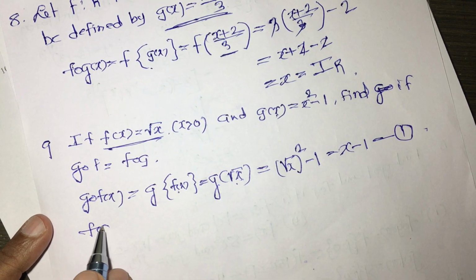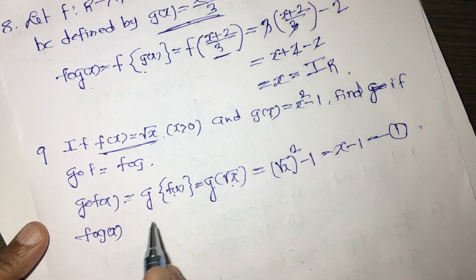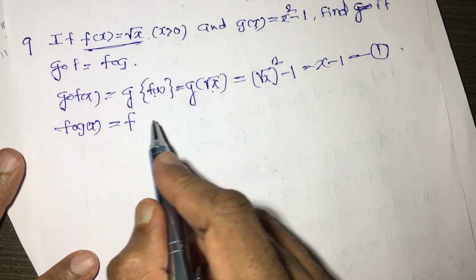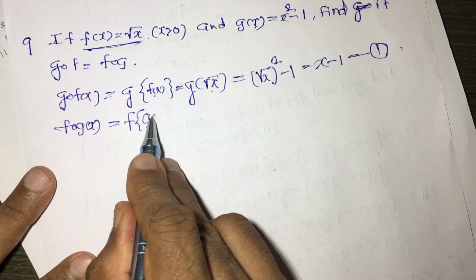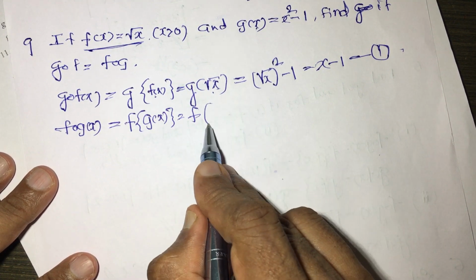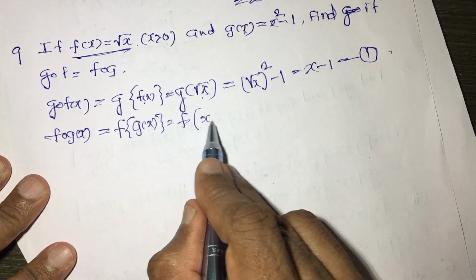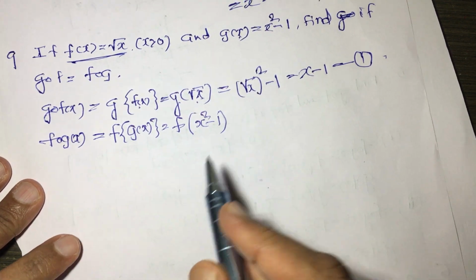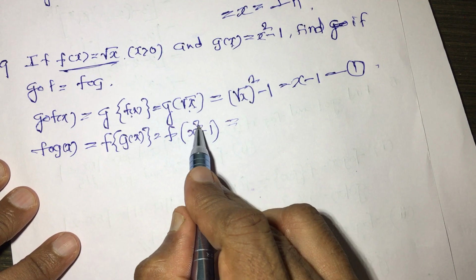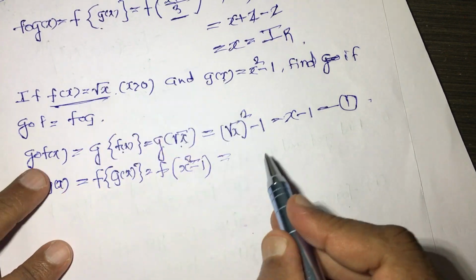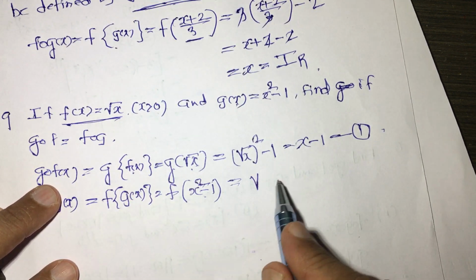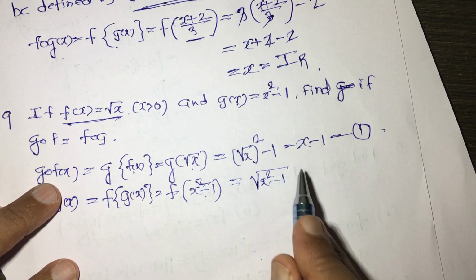Now, I take f composite g of x, which is f of g of x. I put the g of x value, which is x square minus 1, and f of x square minus 1 means f of x is root x, but your x is here x square minus 1.